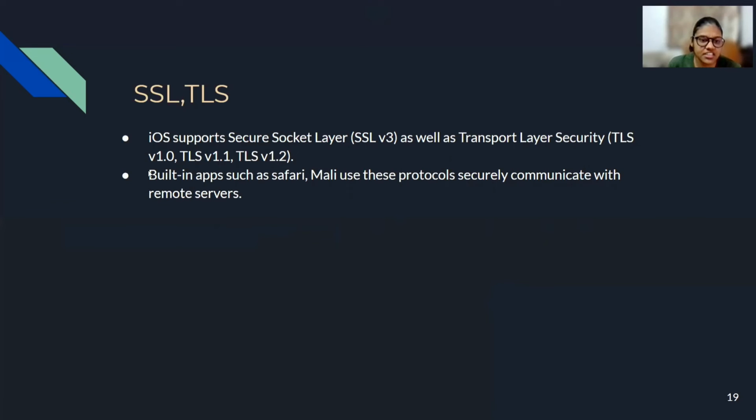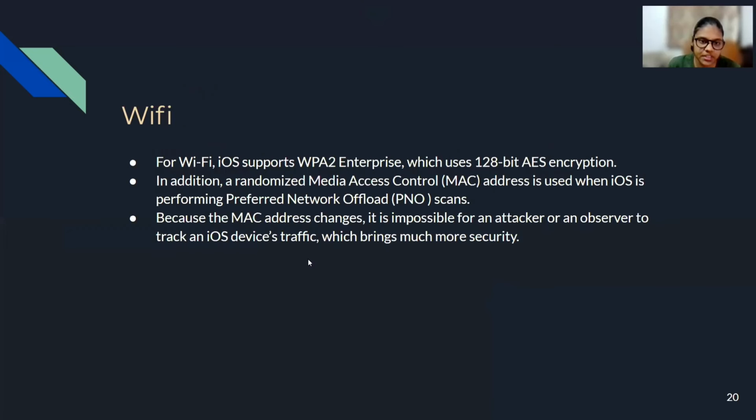SSL/TLS is used by many built-in apps to communicate with remote servers in iOS, whereas for Wi-Fi, iOS supports WPA2 Enterprise, which uses 128-bit AES encryption. In addition, a randomized MAC address is used when iOS is performing PNO scans. Because the MAC address changes, it is impossible for an attacker to track an iOS device's traffic, thereby bringing much more security.